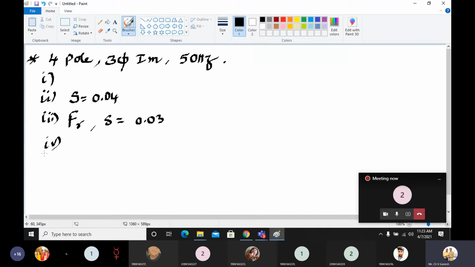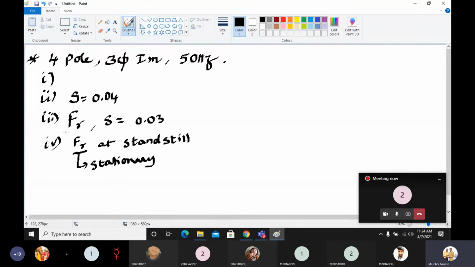And the last one, the fourth: the frequency of the rotor current at standstill. At standstill means the rotor is not rotating, it is stationary.